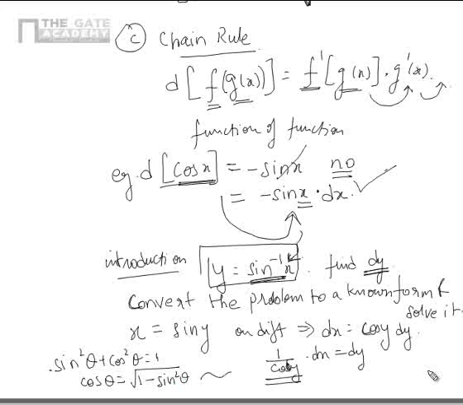So apply that here. Sin y is x, right? So what will be cos y? Root of 1 minus x square. So dy is 1 by root of 1 minus x square dx. This is the answer.